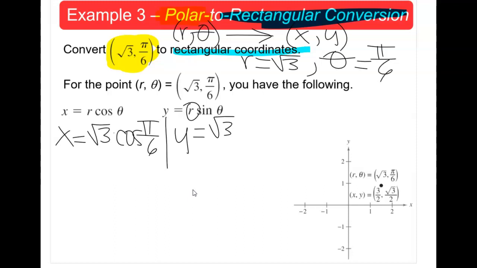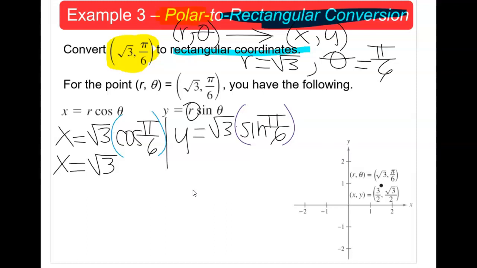So it will be the square root of 3 times sine of theta. So here we're going to replace the whole cosine of theta. Don't leave the word cosine anymore. And here, sorry, I made a mistake. I should replace that with pi over 6. So remember, those two go together.